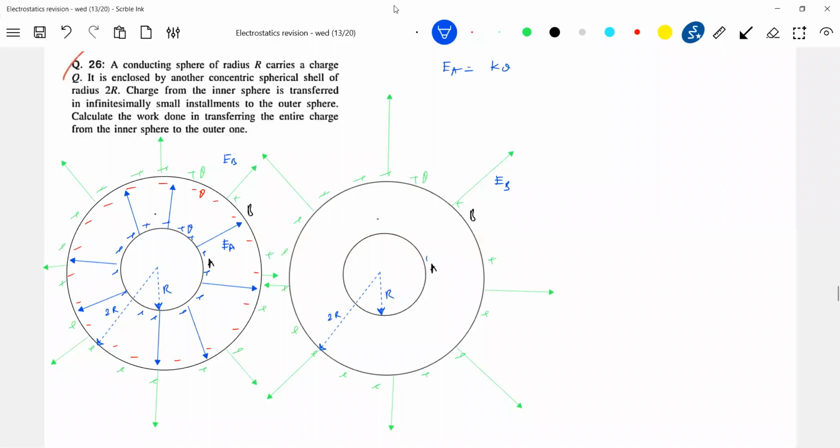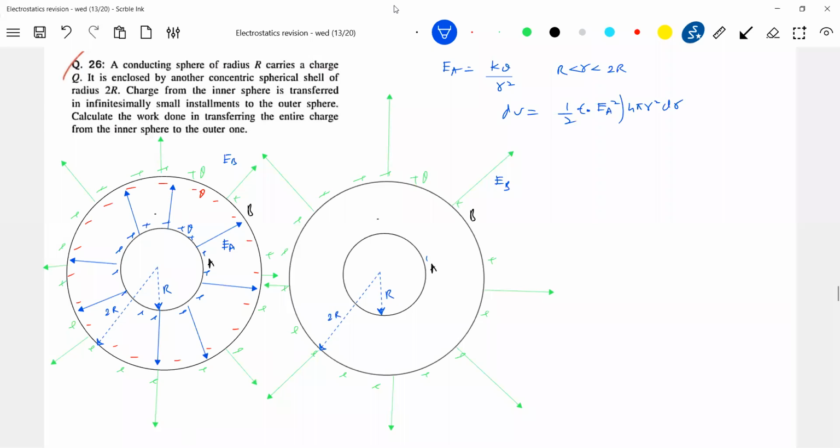EA should be equal to KQ by r square, where r will be greater than R and less than 2R. Do you agree with this? So can we calculate the energy present in that spherical region? So dU should be equal to half epsilon naught EA square times 4 pi r square dr.